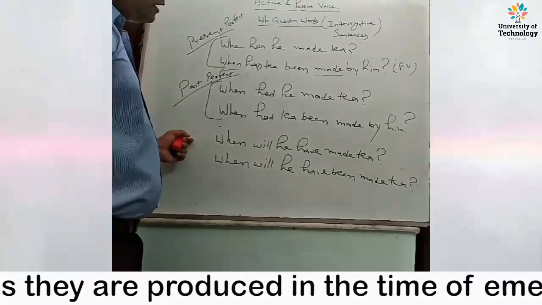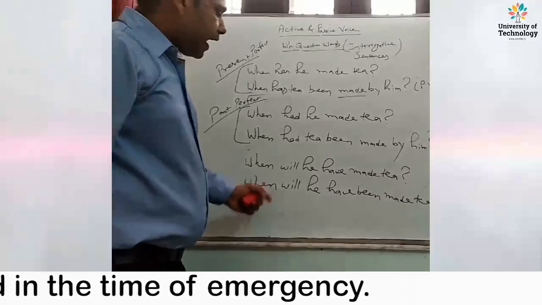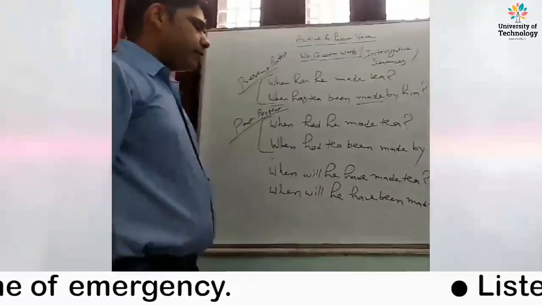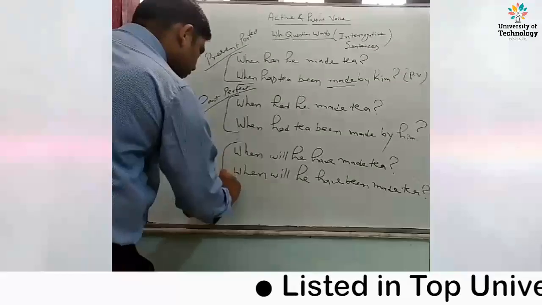When will he have made tea? When will he have been made tea? So this is future perfect.